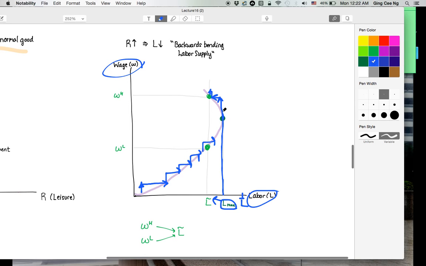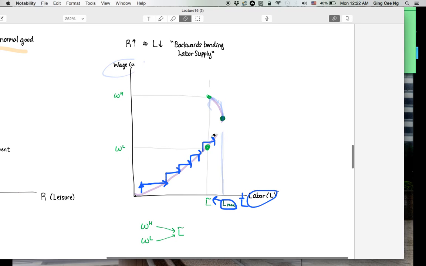And that's where you're getting this backwards bending labor supply curve. Something that you'll study more later in macro, hopefully. Okay, so that's why we call this backwards bending labor supply.